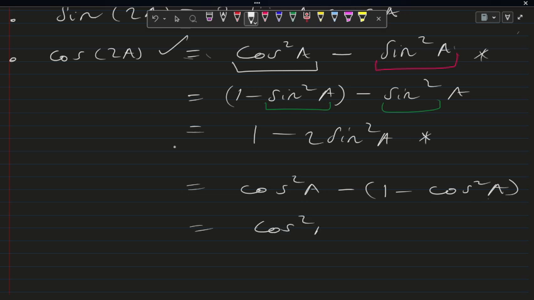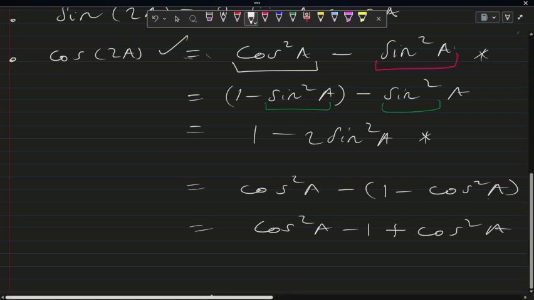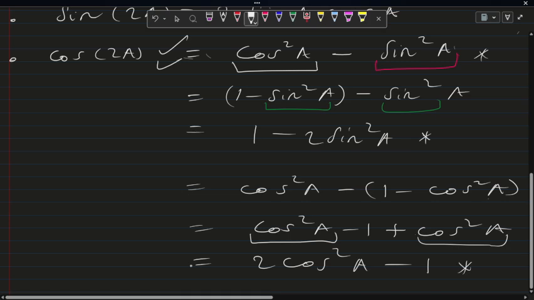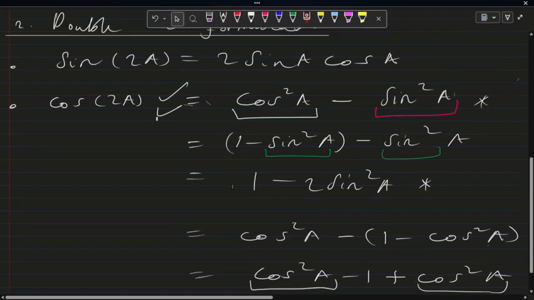We have cos squared a and then minus 1. This minus will turn the minus into a plus, so it will be plus cos squared a. As a result, we see that these are like terms, so we end up with 2 cos squared a minus 1. So this is the third version of this double angle formula.